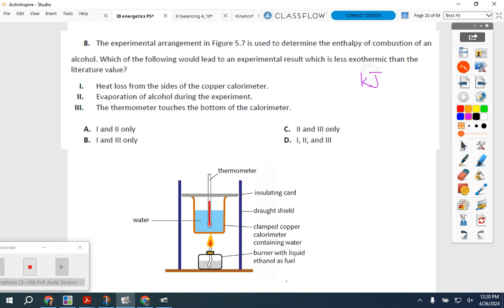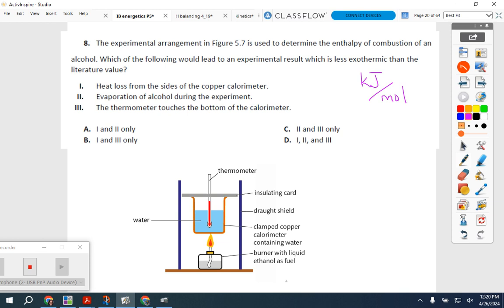Our enthalpy is in kilojoules per mole, so if I am overestimating the number of moles being burned, then the enthalpy is going to be smaller. That's going to make the overall delta H smaller.